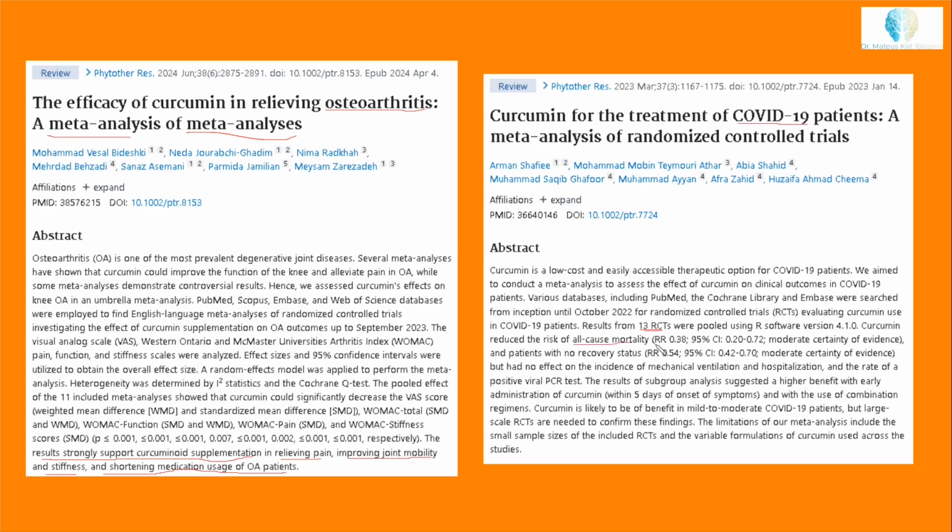The group that used curcumin had 38% of the mortality of the other group. It's not a 38% reduction. The mortality in the curcumin group was 38% of the other group, a 62% reduction.